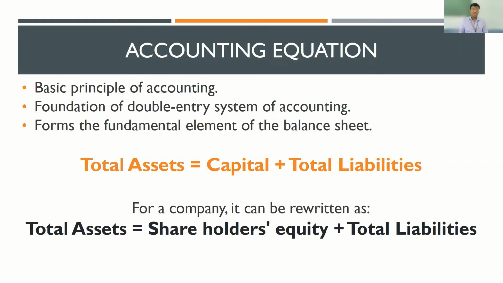Now, we know that there are different formats of business: sole proprietor, partnership, limited liability company, cooperative society, private companies. In the case of a company, we can rewrite the accounting equation as total assets equal to shareholders' equity plus total liabilities.